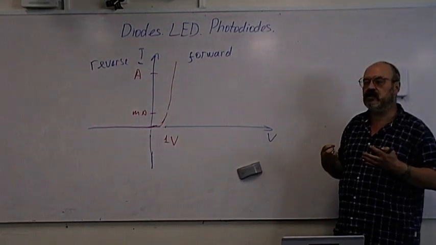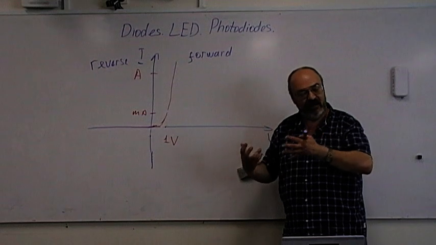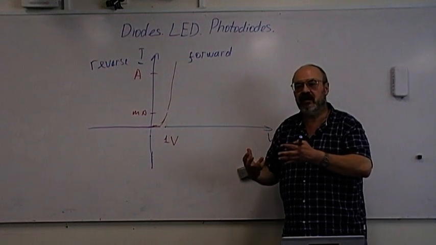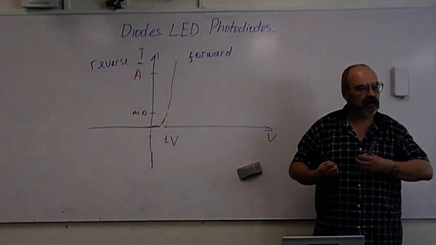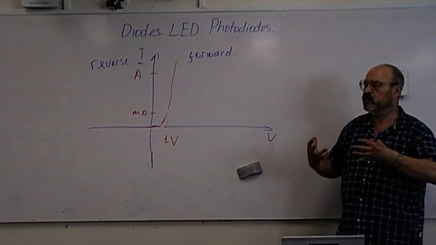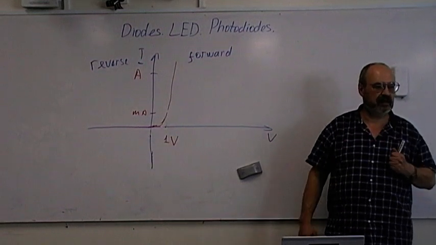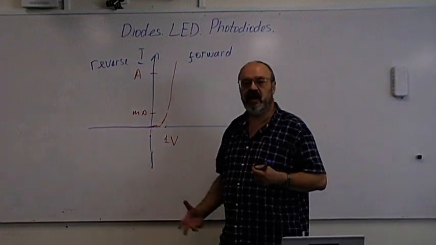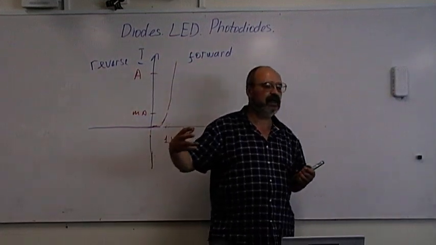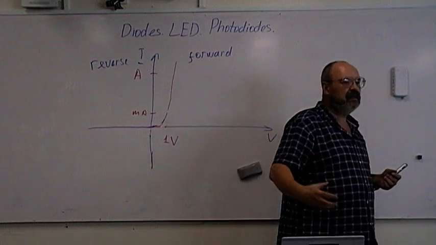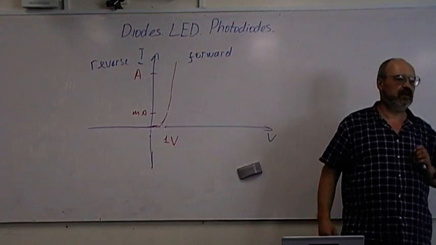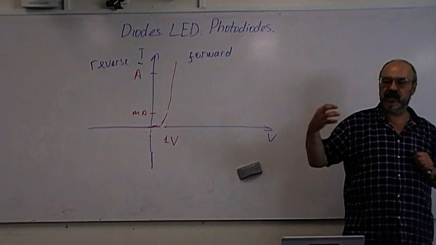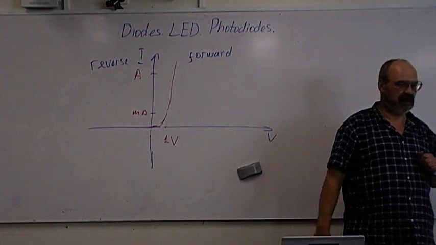It loses energy, has less energy. In certain types of semiconductor, that energy might be released as light. That's how light is created in the LED: electrons moving through the diode fall into the holes, and the difference in energy is released as light.